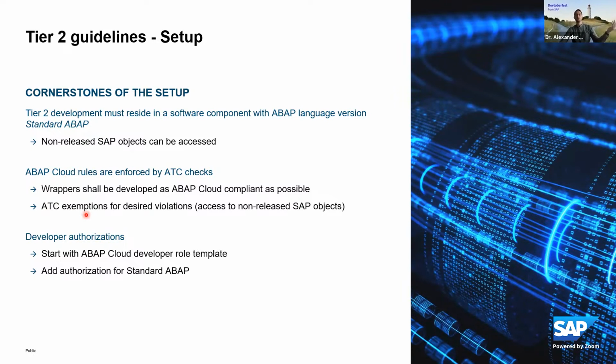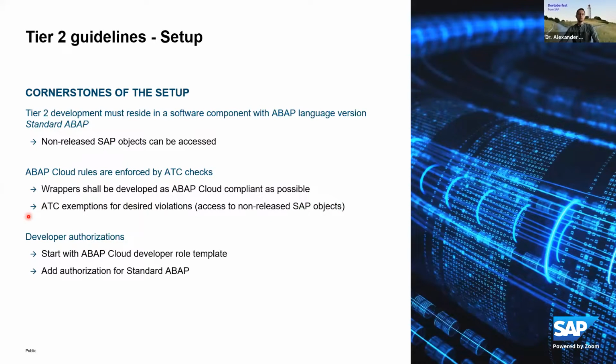What are those desired violations? Well, of course, the access to the non-released development objects, because this is exactly the purpose of those wrappers and of tier 2. And this is very important because by that, you have basically a list: all the exemptions form a list of the non-ABAP Cloud conform access to SAP development objects. And that's important to have a governance on.